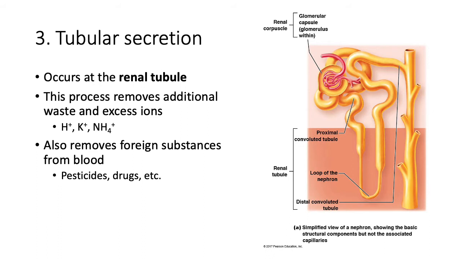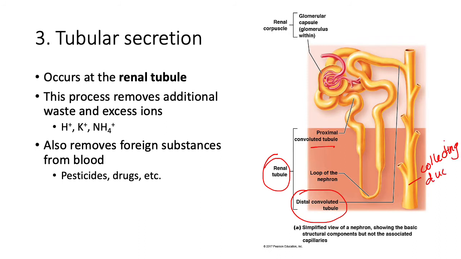So the last stage of filtration by the nephron occurs basically all throughout the renal tubule, but primarily we'll see a lot of this happening in the distal convoluted tubule, but this can occur both at the proximal convoluted tubule and at the collecting duct as well.